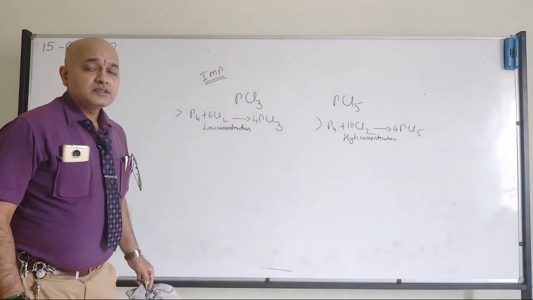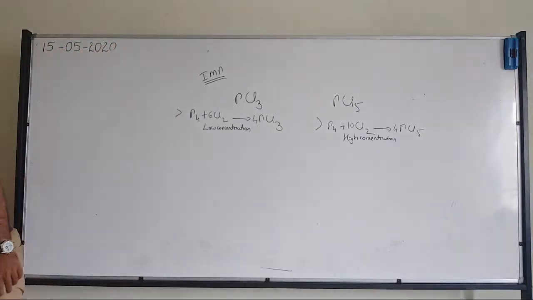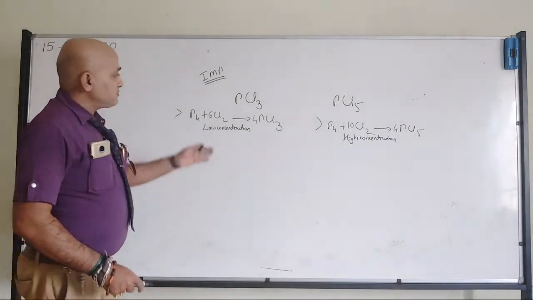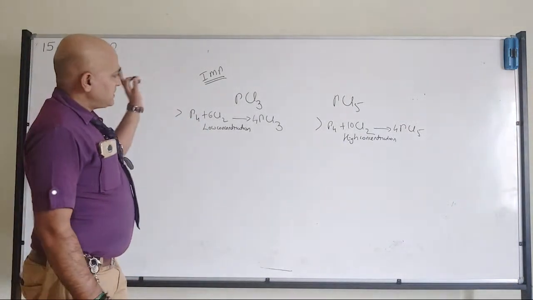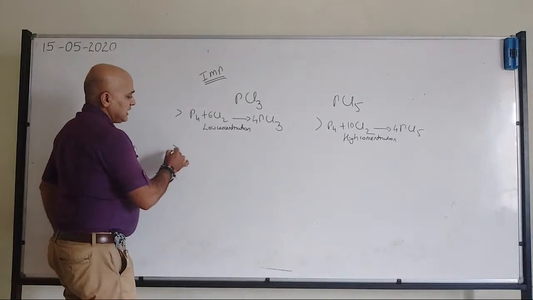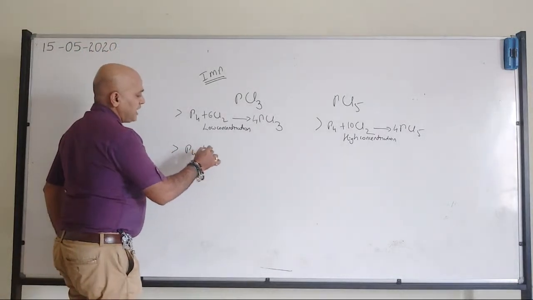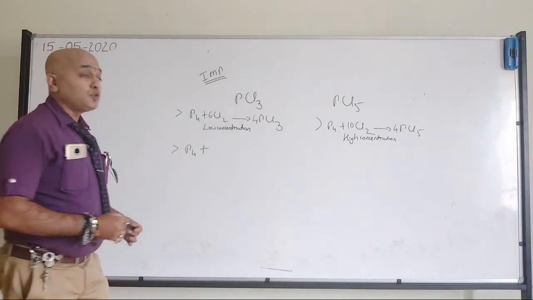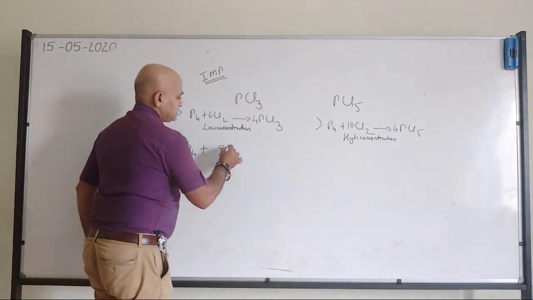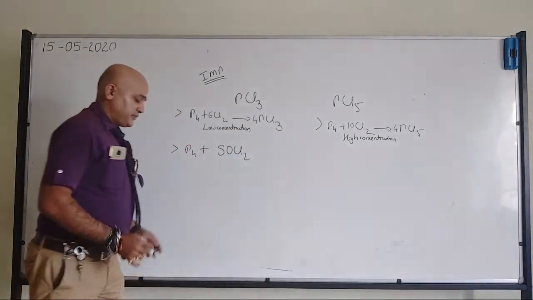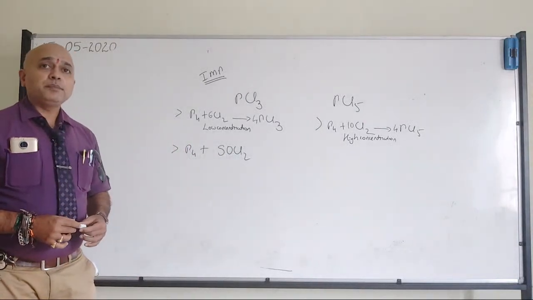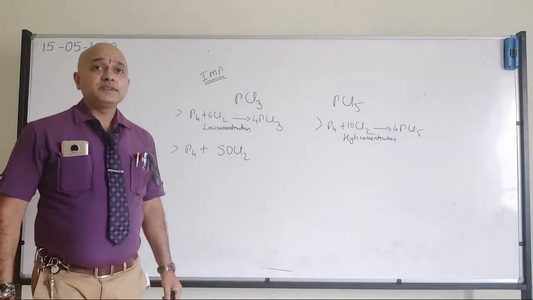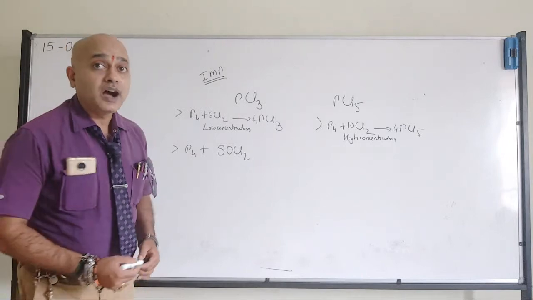Fine? So next one. Another reaction of white phosphorus. See, overlapping. White phosphorus, here also white phosphorus. Another reaction is when white phosphorus is treated with SOCl2. Please remember, SOCl2 means thionyl chloride.